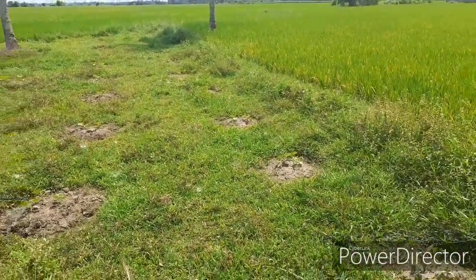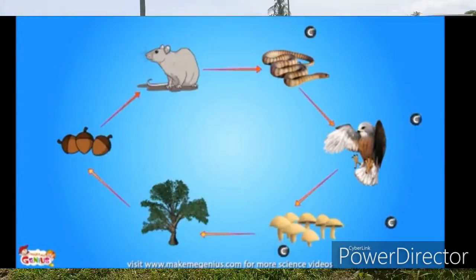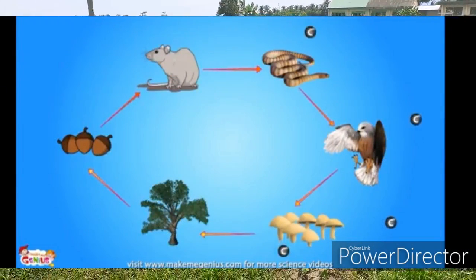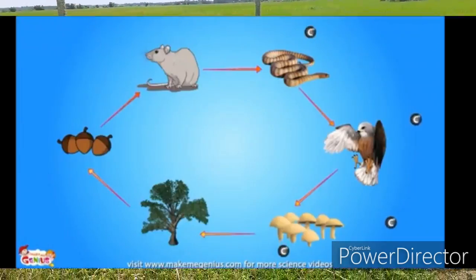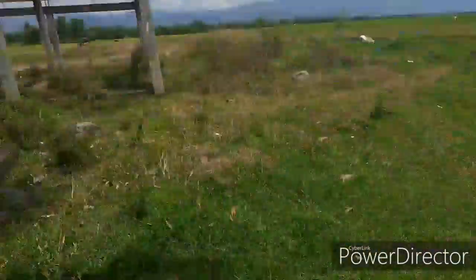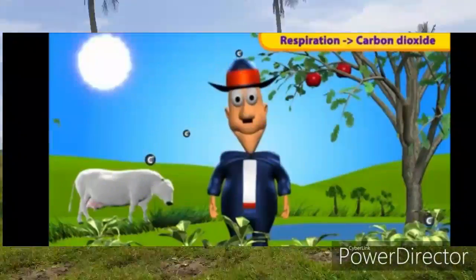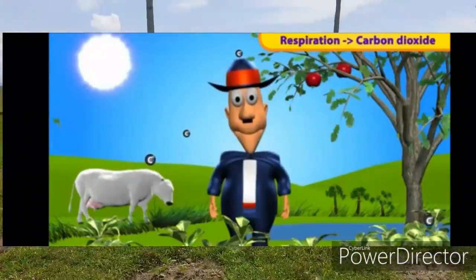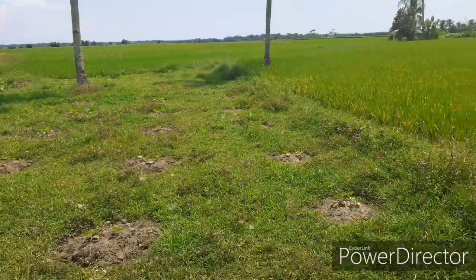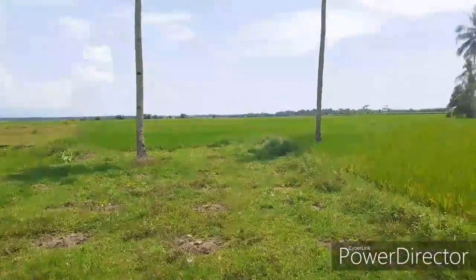Then this food is eaten by the animals, and sometimes smaller animals are eaten by bigger animals. That way carbon is transferred from the air to the plants and animals. Plants and animals breathe out carbon dioxide, which then goes back up to the air.